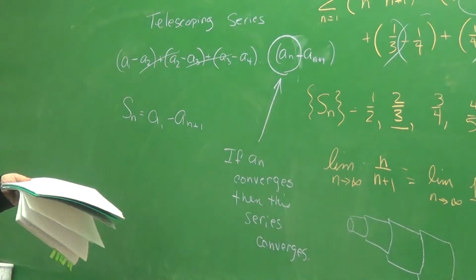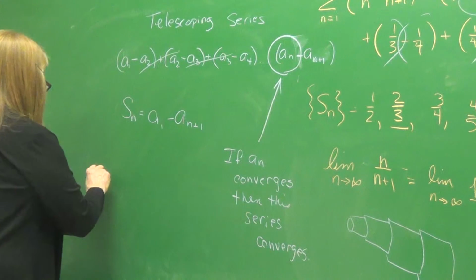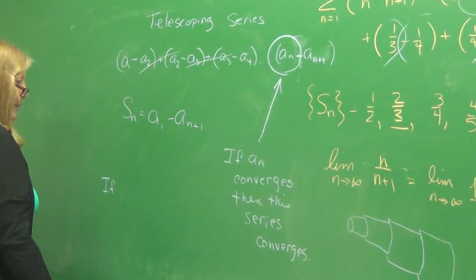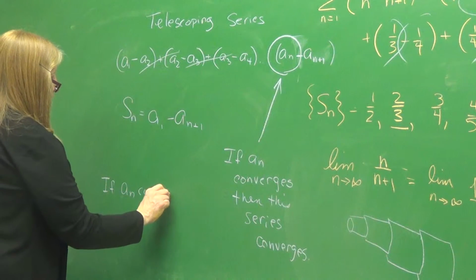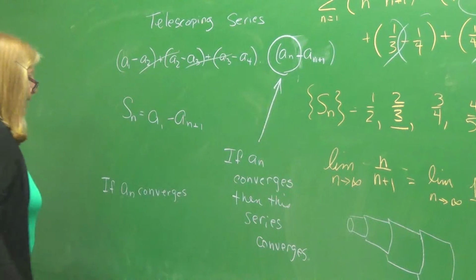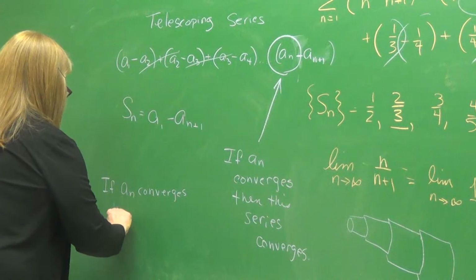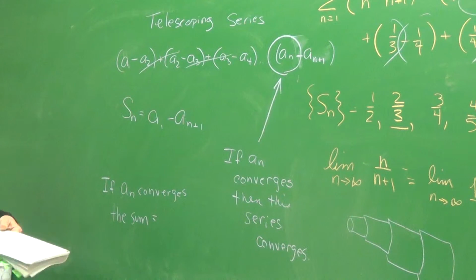And if it converges, the sum is, this is weird, if it does converge, it may not. It may turn out that this diverges, but if a sub n converges, the infinite sum, you see, this was a finite sum.